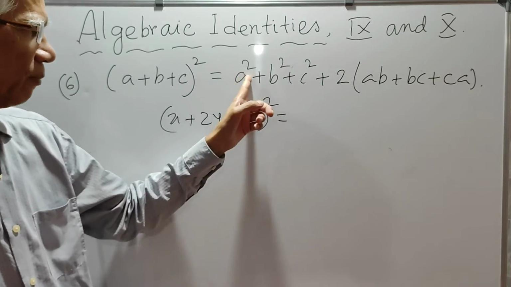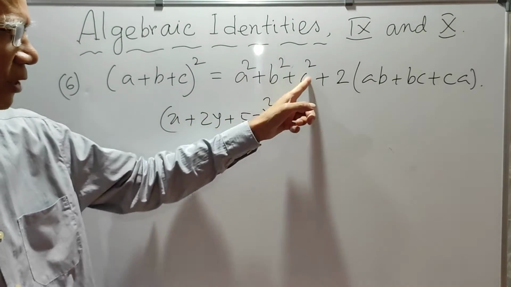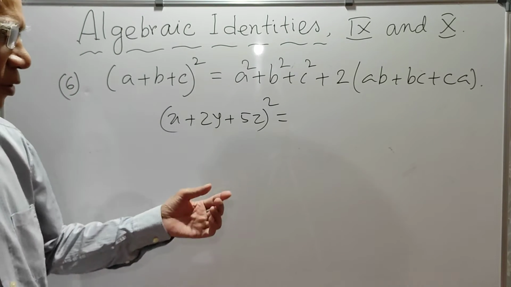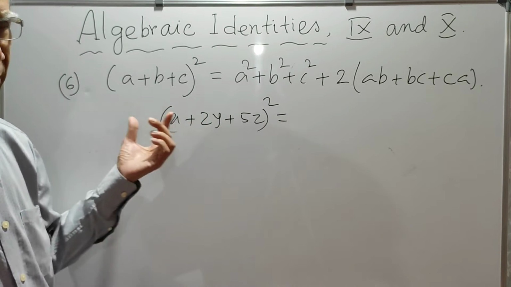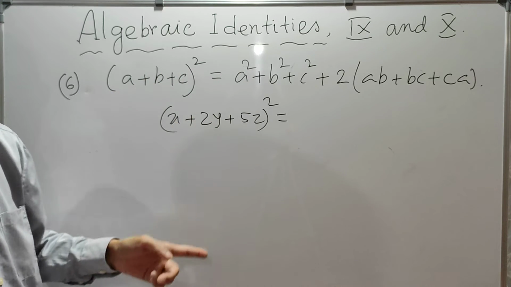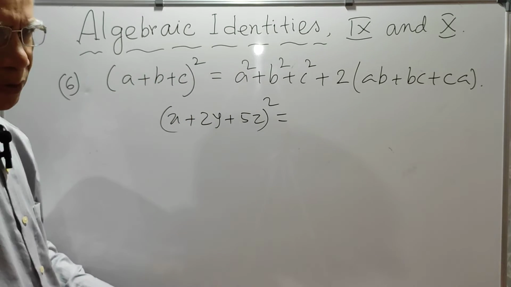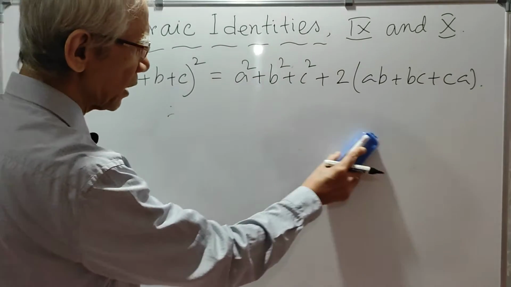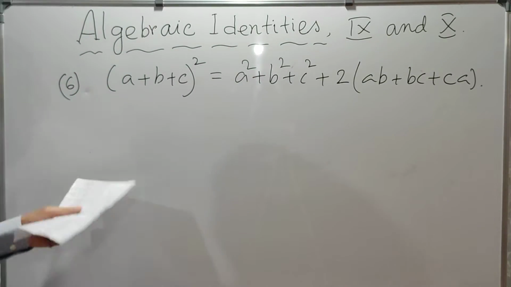You write this, then in place of a this, in place of b this, in place of c this, then work out, you will get the answer. You follow? So this kind of numerical problem, you have to use the formula. So these examples we will see later. First of all, I am giving you all the 15 identities. So this is the 6th identity.